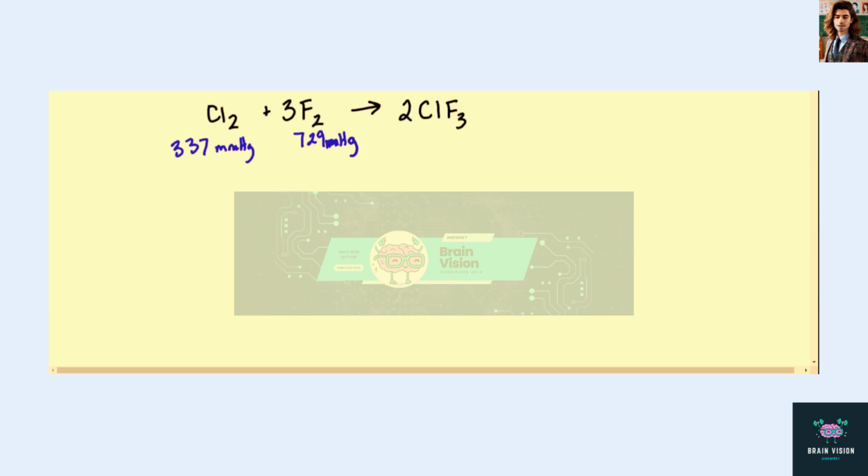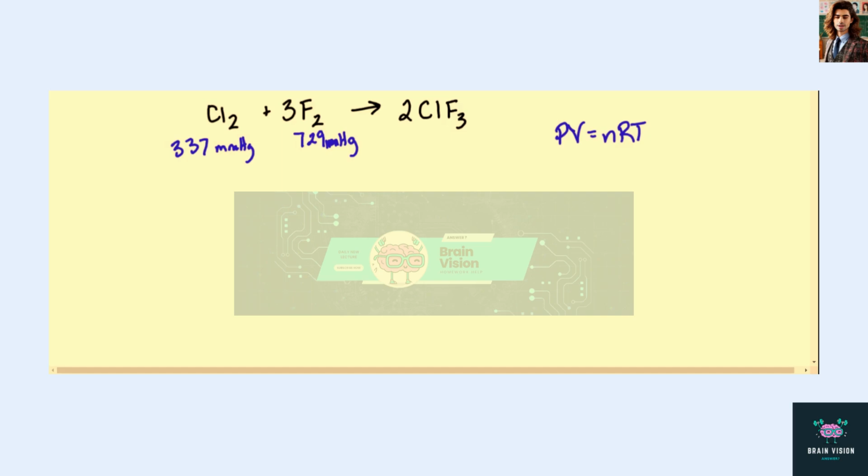Now, when we're dealing with gas laws, we can assume that these partial pressures are the total pressure for that compound in the mixture, and that that gas takes up the entire reaction vessel. It's one of the assumptions that we make when we deal with gas laws. So I need to find number of moles, which means I'm going to have to use PV equals nRT.